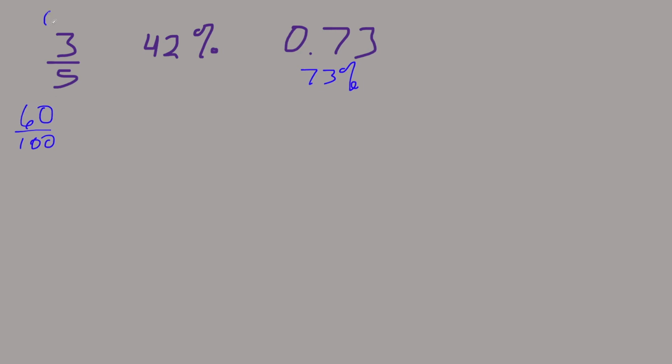So I know that this is 60%. Now, if I have to write it from the smallest to the biggest, obviously 42% is the smallest. Okay, then 3/5 is next. Then 0.73 is next.